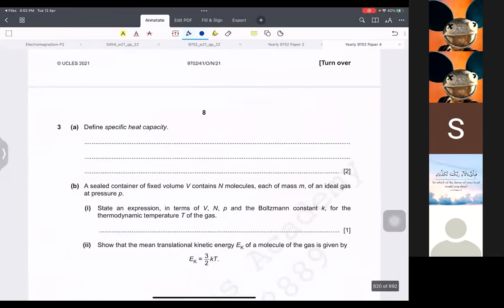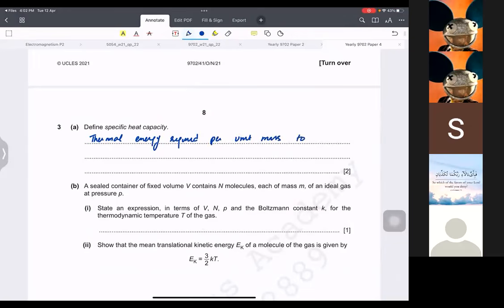Next is define specific heat capacity. So heat capacity can be written as thermal energy required per unit mass. Because it is specific, you got to write this.